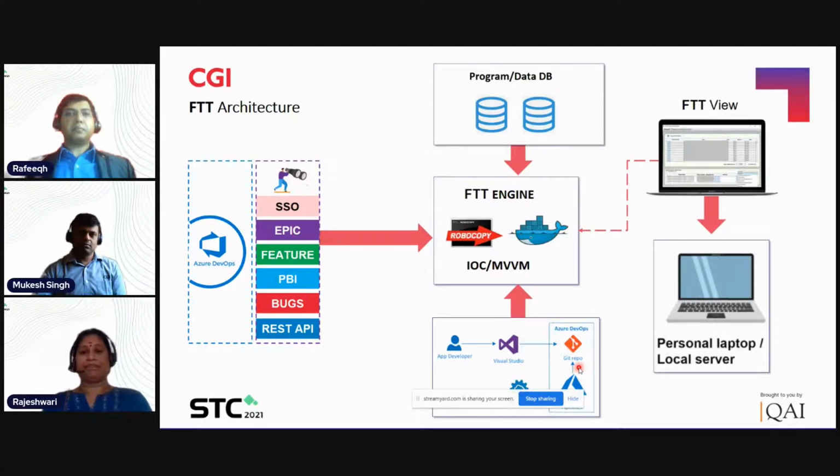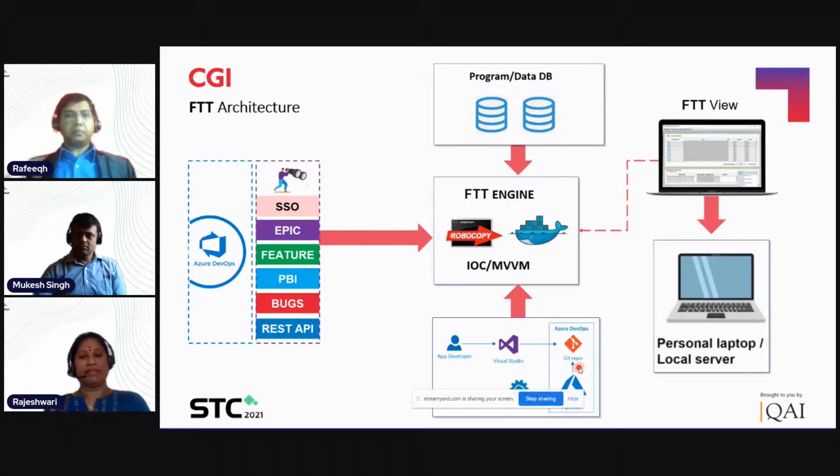So with this, the QA and the test developer work together to improve the quality of the product with this QA shift left strategy. In our organization, we have a very good architecture for the QA to QE transition. So this FTT tool helps us to move into the quality engineering level.